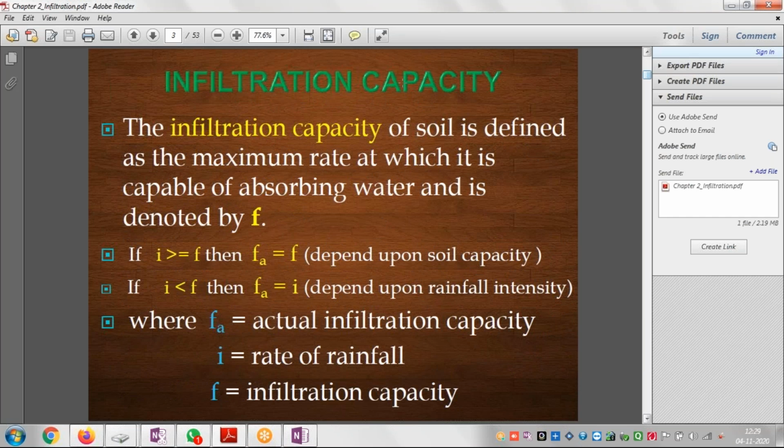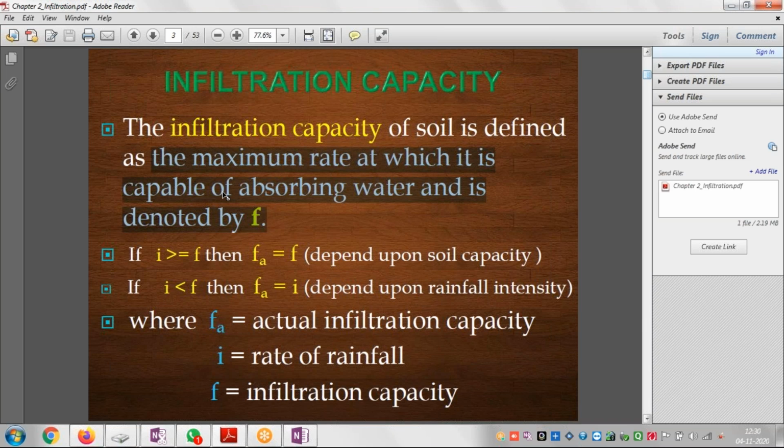Now here, infiltration capacity. What is infiltration capacity? The infiltration capacity of soil is defined as the maximum rate at which it is capable of absorbing water, and it is denoted by F. The maximum rate at which water is absorbed by the soil is called the infiltration capacity.